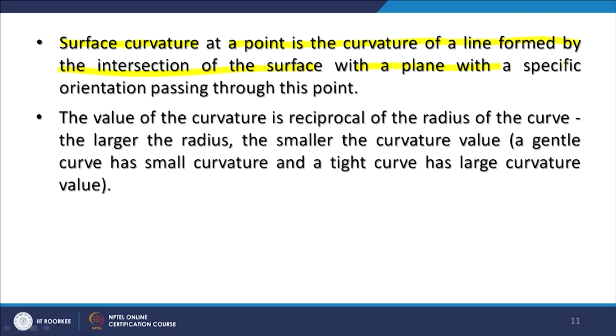The value of curvature is the reciprocal of the radius of the curve: the larger the radius, the smaller the curvature value is. A gentle curve has a small curvature, and a tight curve always has a large curvature value.